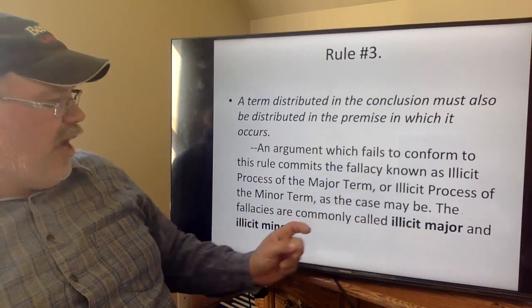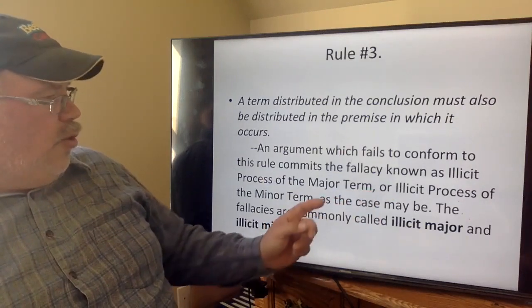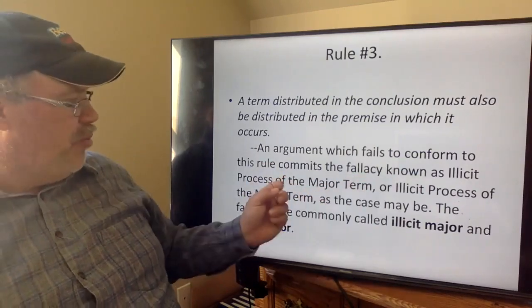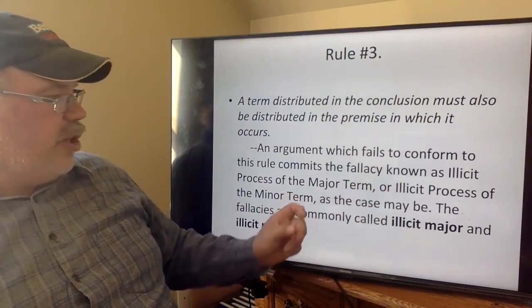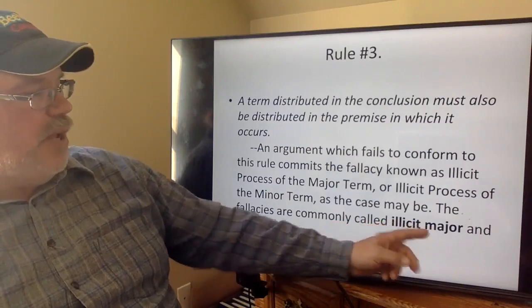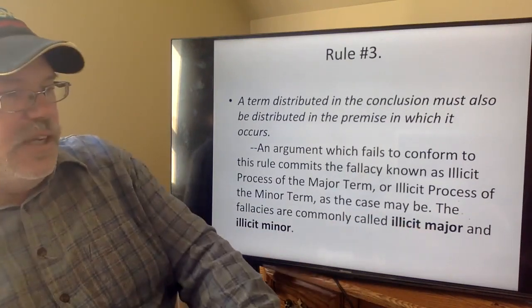It is, in fact, a logical fallacy. The technical name is illicit process of the major term or illicit process of the minor term, but that's a lot of words. So we're just going to say illicit major or illicit minor. Let's look at an example.